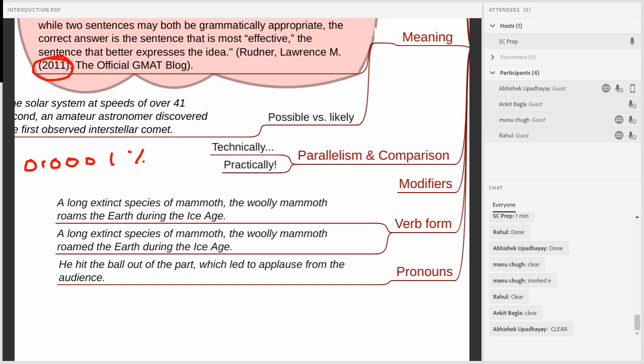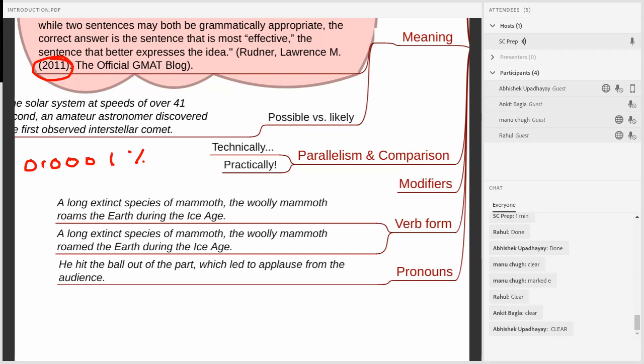Now, verb form. Verb form is, again, a pretty big topic. The primary thing that we study under verb form is something called tenses. Tenses have to do with time. Something happened in the past, something is generally true, something's going to happen in the future. Most importantly, of course, the perfect tenses.